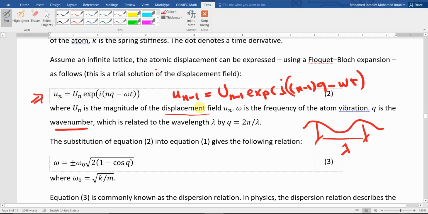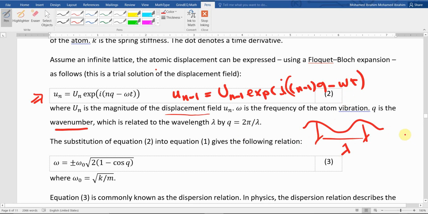If you are interested in the displacement of another atom, we're just going to get rid of the n and replace it with either n-1 or n+1, depending on the case, as already given here. But we still have the omega, where omega refers to the natural frequency of the vibration, or in other words, the frequency of the incident wave.